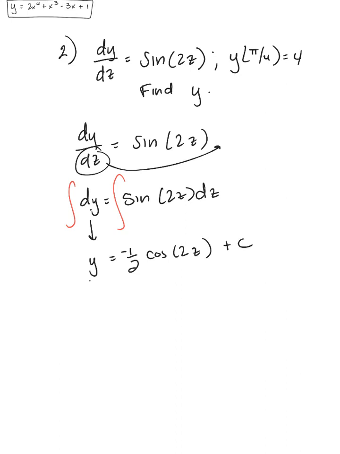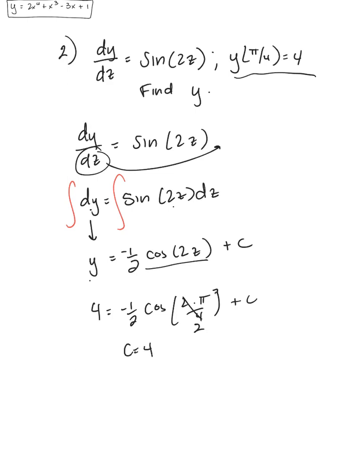And that's because if I find the derivative of this, I'm going to end up right back at sine 2z. So now I have this added information. 4 equals negative 1/2 cosine of 2 times pi over 4 plus c. Cosine of pi over 2 is 0, so c is equal to 4. So y is equal to negative 1/2 cosine of 2z plus 4.